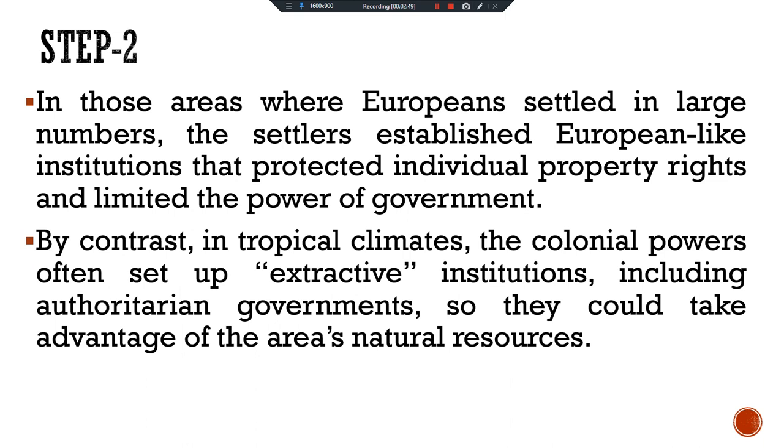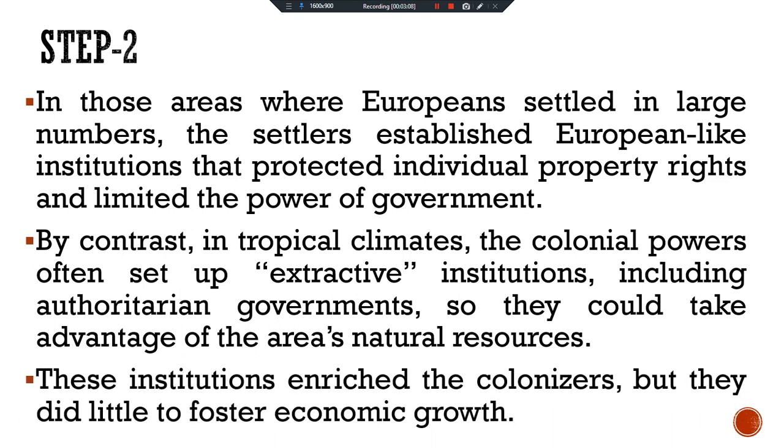By contrast, in tropical climates, the colonial powers often set up extractive institutions, including authoritarian governments, so they could take advantage of the area's natural resources. These institutions enriched the colonizers, but they did little to foster economic growth.